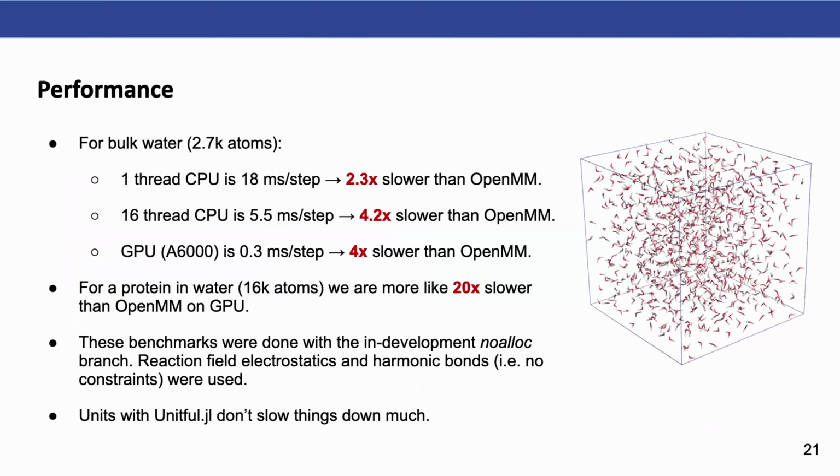It's apples to apples, but it's with reaction field, not Ewald. Okay. I'm trying to remember the exact details here. We haven't implemented full constraint support yet, but I believe this comparison was done without that. So yes, it's apples to apples, but we don't use PME, we use reaction field.